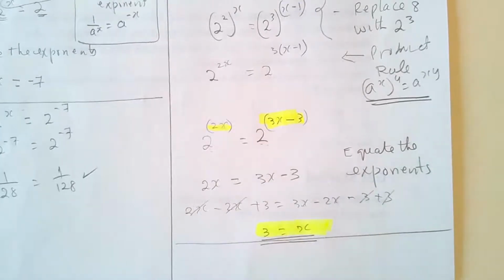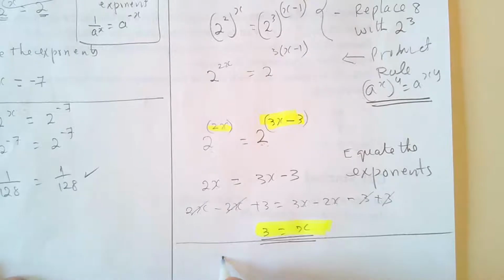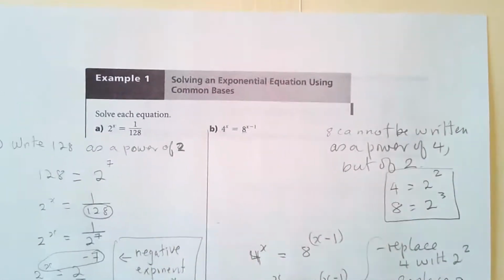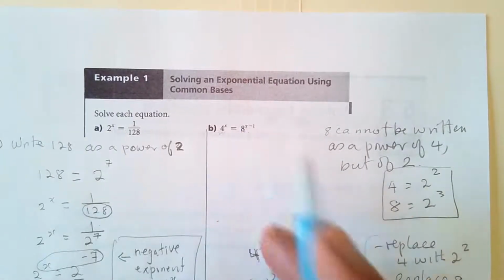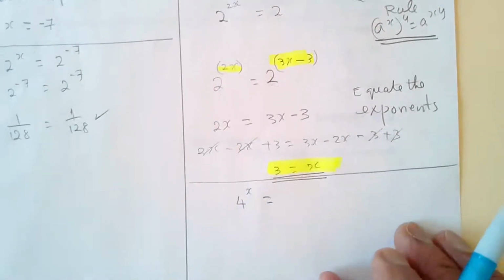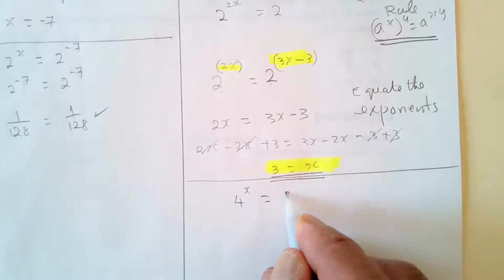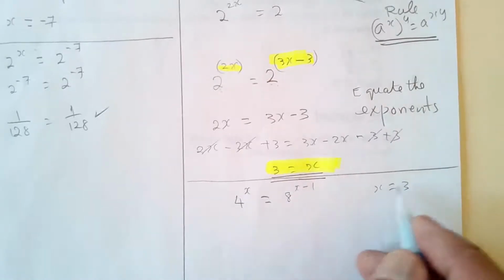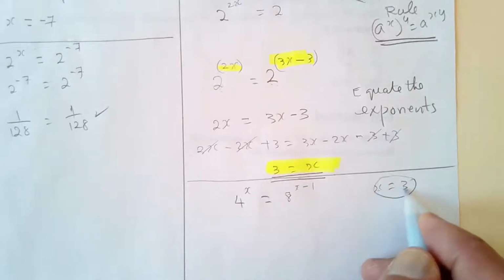We can test our answers. We can go back to our original equation: 4 to the x is equal to 8 to the x minus 1. I'll rewrite it here, and x is equal to 3. So let's substitute 3 for x.